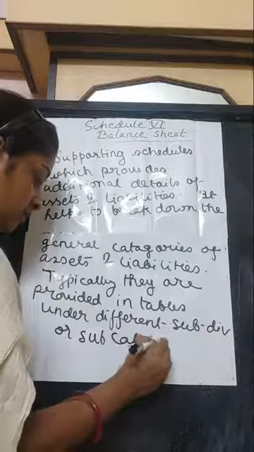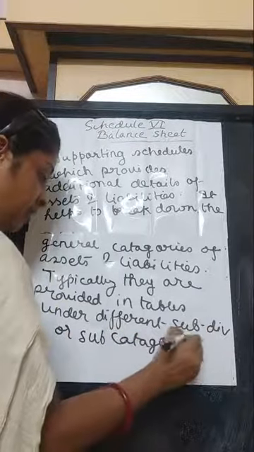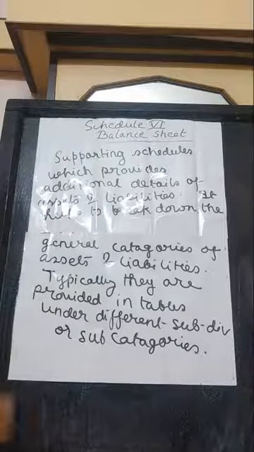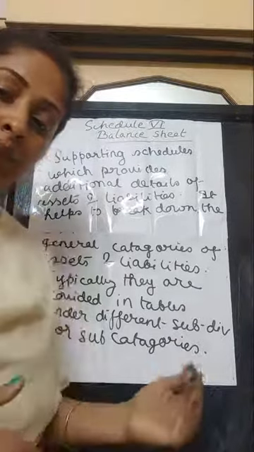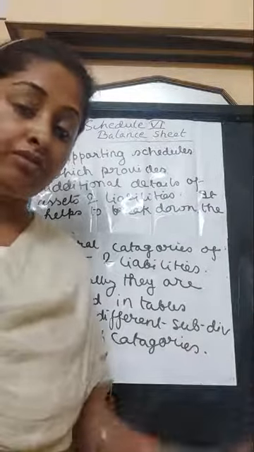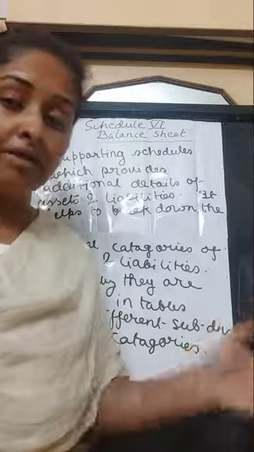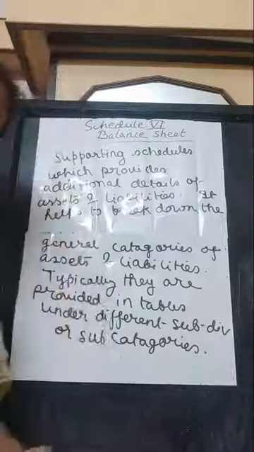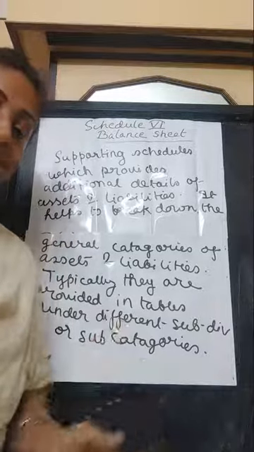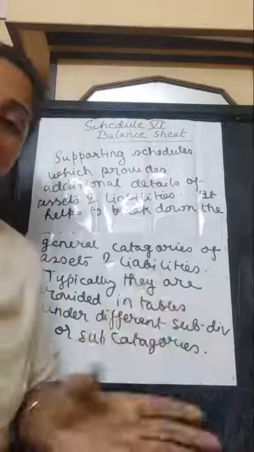That means they are categorically divided and categorically shown. The assets and the liabilities are categorically shown in different forms and under different headings, which you can see when I show you the actual format of this Schedule 6 balance sheet.